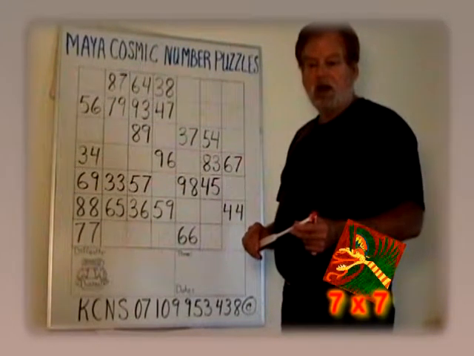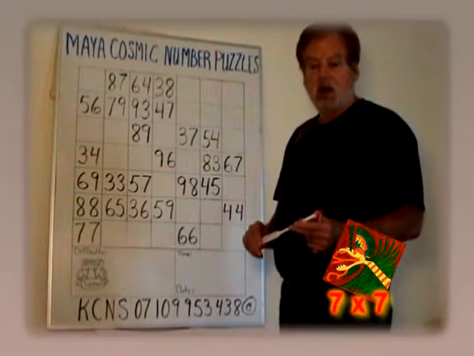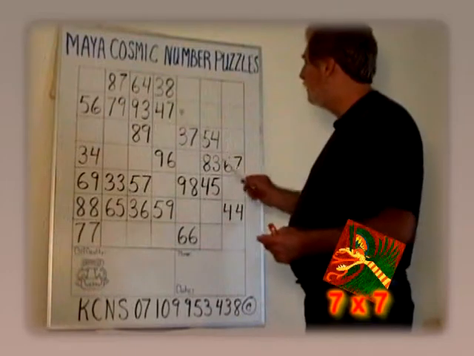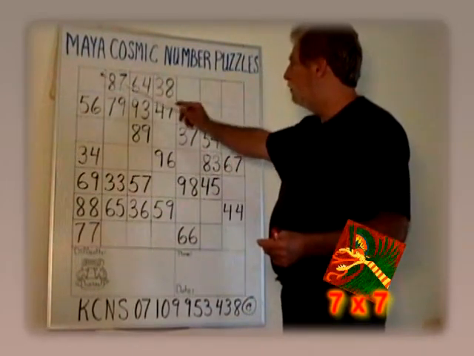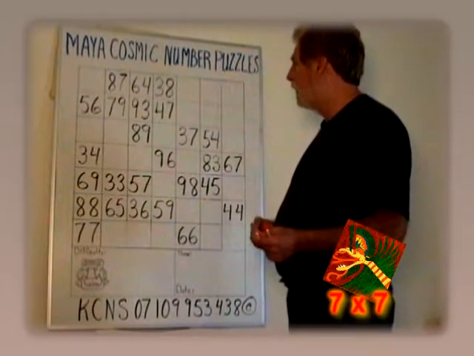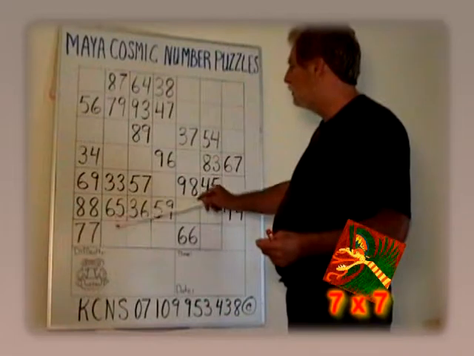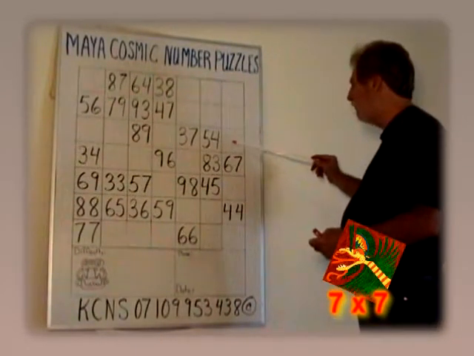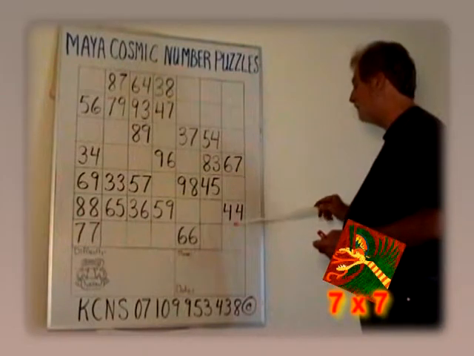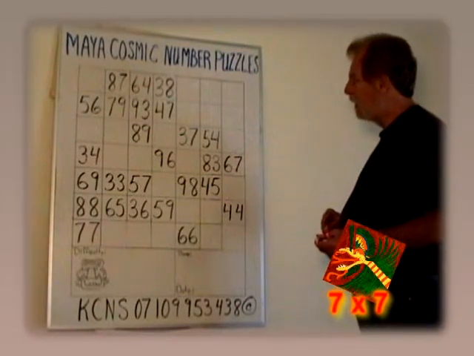First, I will start by finding the row or column with the least amount of blanks in it. For this example, this column here has only 2 blanks. This column has 3 blanks, which would make it more difficult. This column over here has 5 blanks, so it makes it very difficult to solve.